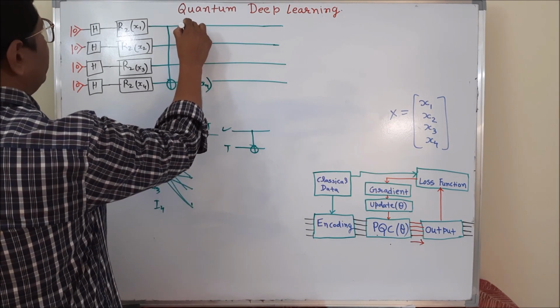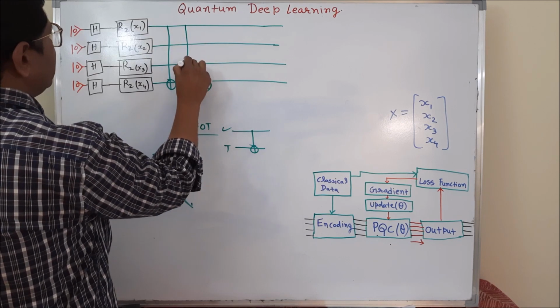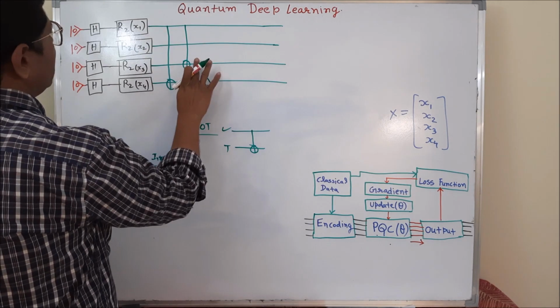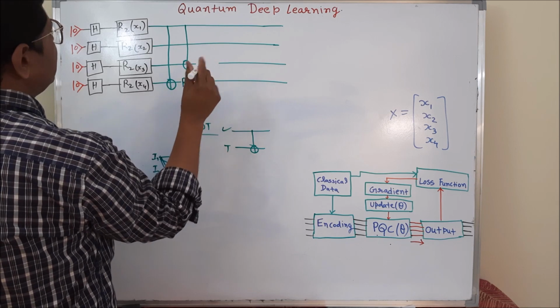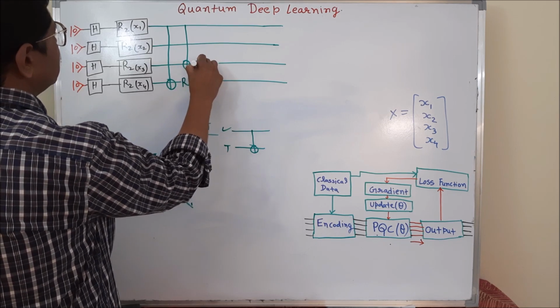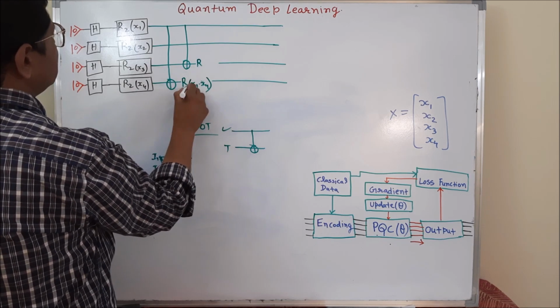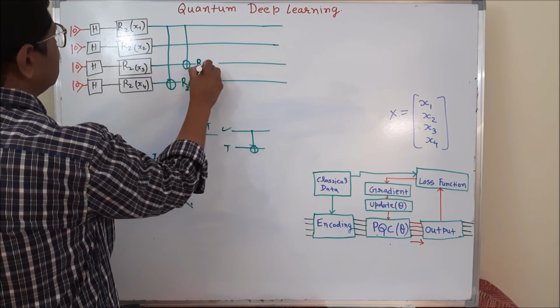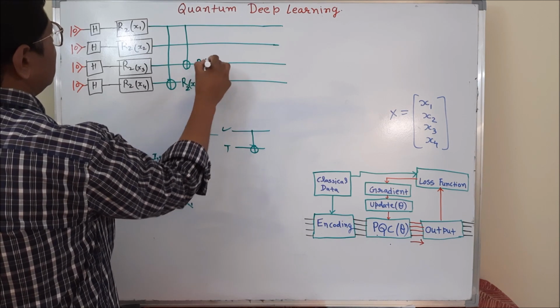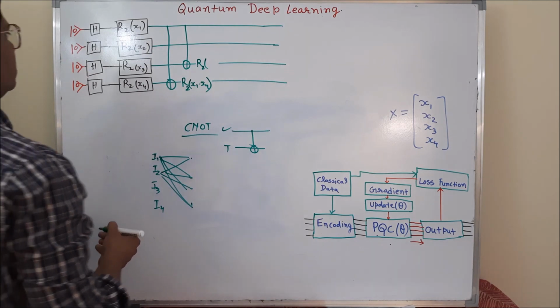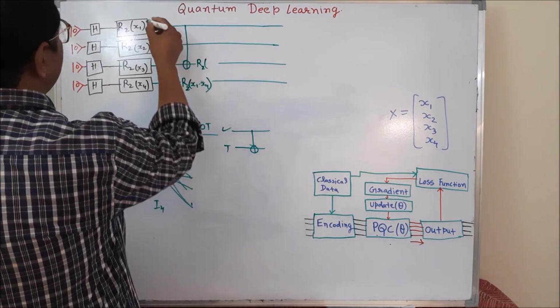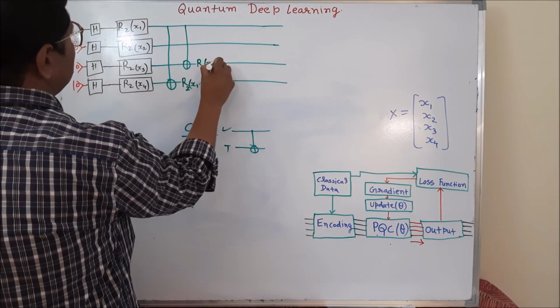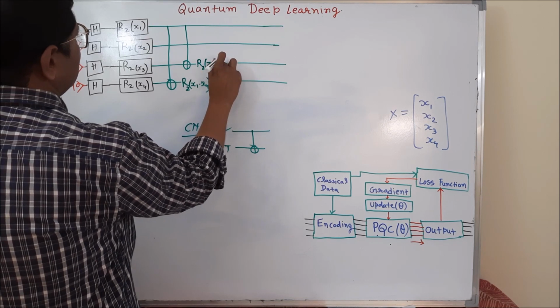Now we will do one more entanglement here, and just after entanglement we will change its rotation. The rotation will change through, suppose, the z axis. You can use the y axis also, or the x axis. So here it will be x1 dot x3.